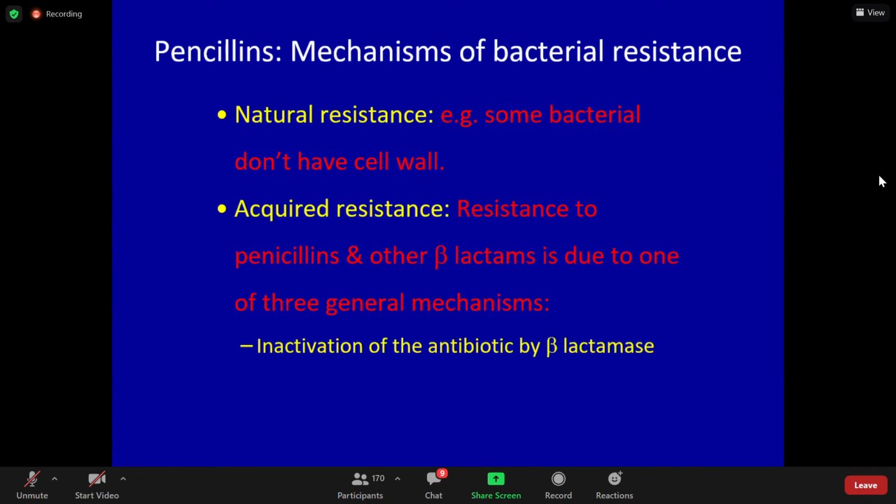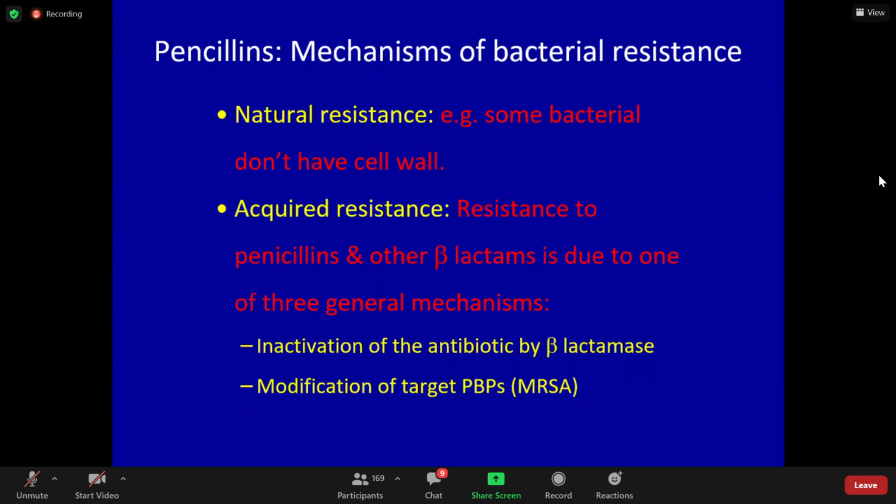Bacteria are resistant. The other mechanism is modification of the target, the PBPs. The drug must reach in active form and bind with the receptor. Now, if the receptor is changed, the structure of the receptor is changed chemically, the drug goes in active form and finds where to sit.